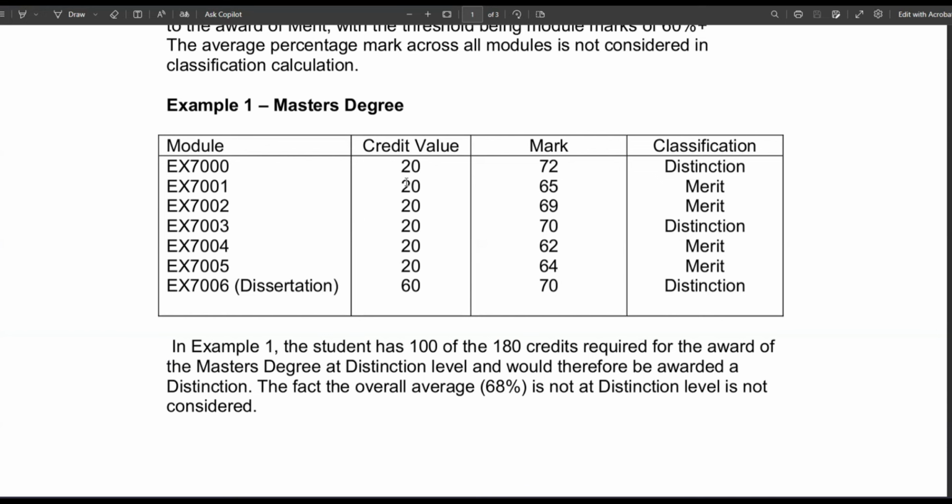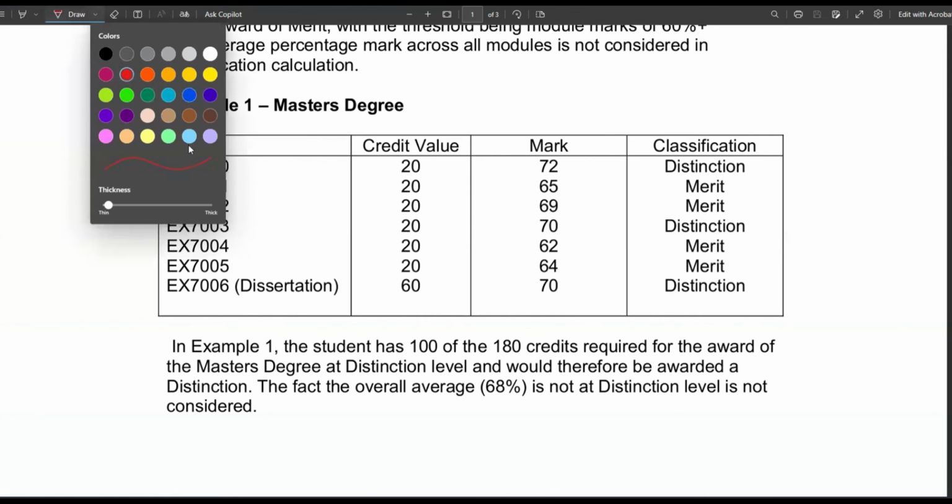In this scenario, for you to qualify as a distinction student for your master's program or postgraduate studies, you need to have distinction in at least 5 modules of 20 credit value. Let me highlight something here.